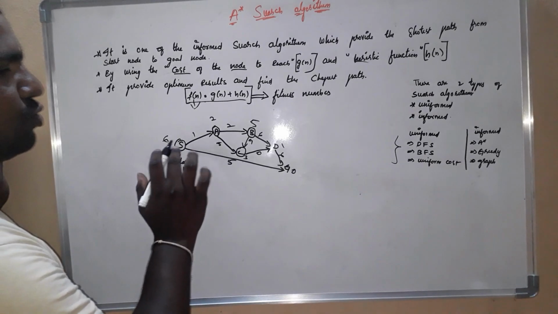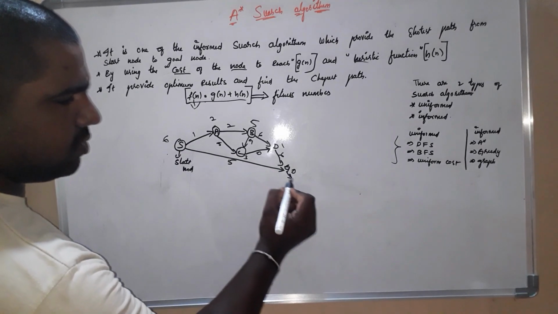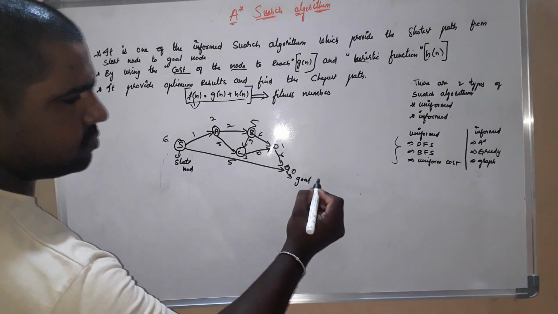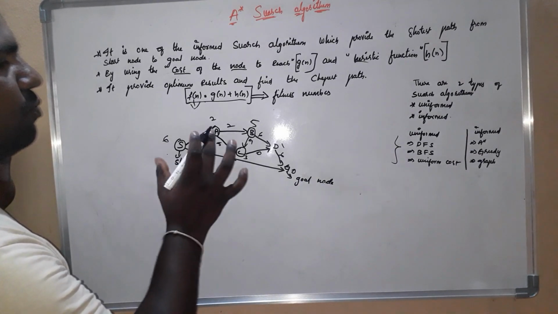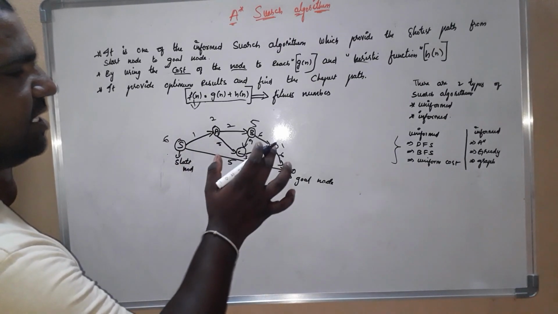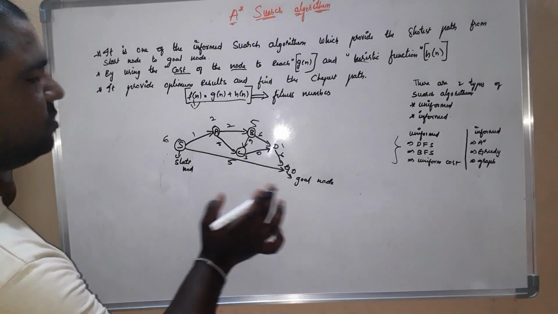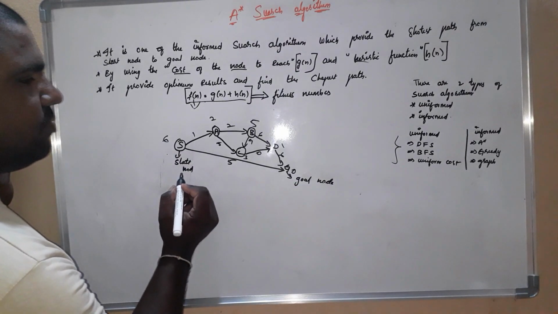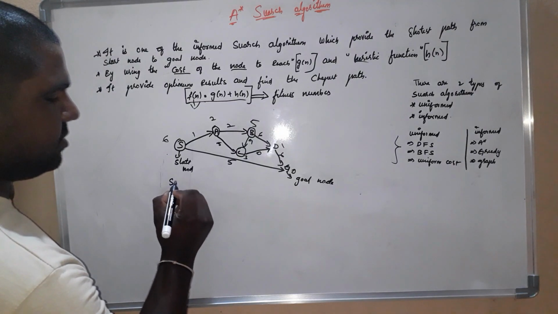There are two possible ways to reach G, the goal node. This is the goal node. There are two possibilities: S A, B C, C D, D G and S to G. So we will go in a systematic manner.